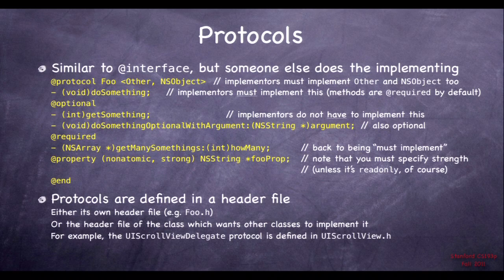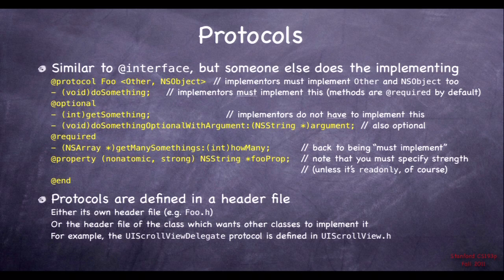But a lot of times, there's only one object that actually wants to talk to objects that implement a protocol, and so you'll put this protocol in its header file. For example, scroll view, which is an iOS class we haven't really talked about, but you can imagine what it does, has a delegate with about a dozen methods that it can send to its delegate, and it defines those in a protocol that's defined in scrollview.h. So you can put a protocol in another class's header file, at the top or at the bottom, wherever.